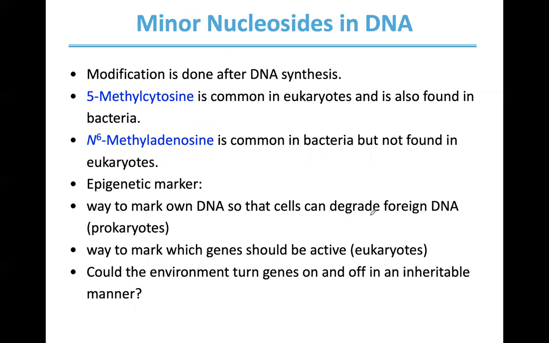And also another function of that is you can mark your own DNA, so that if you employ DNases, which are enzymes that degrade DNA, if your immune system employs DNases to degrade foreign DNA, or primarily in prokaryotes, I guess, then they can protect their own DNA by methylating it at key positions.